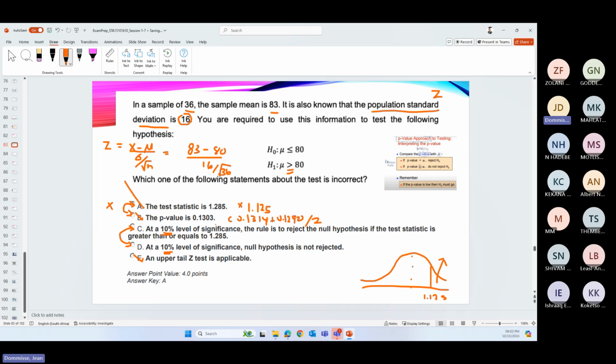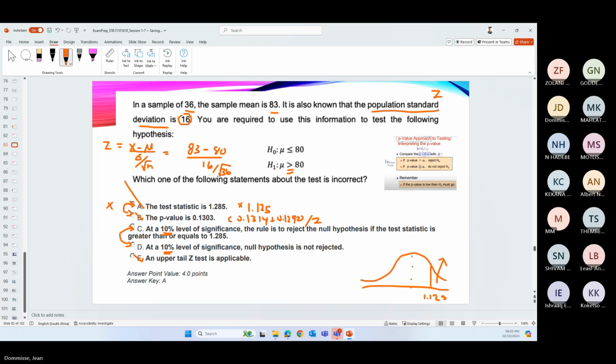So again, this is one of those weird ones, because if it was 1.127, we probably would have rounded it off to 1.13.